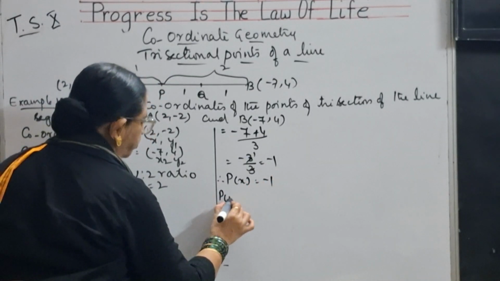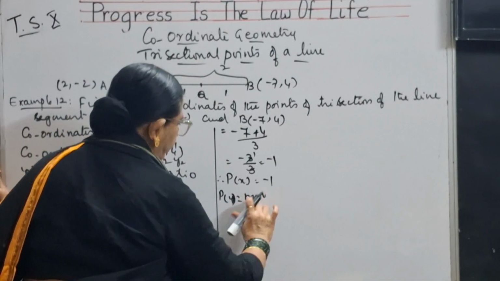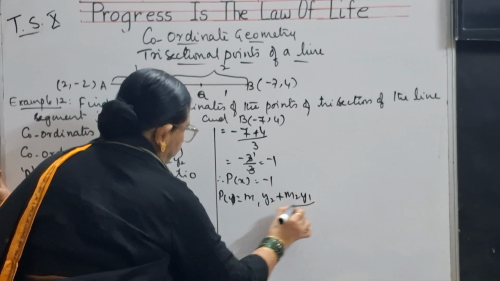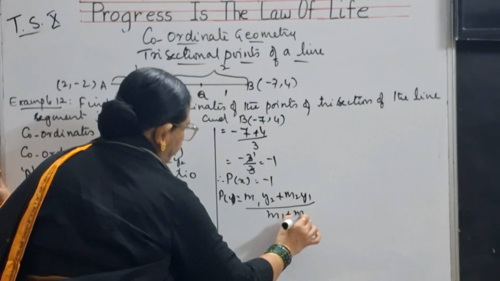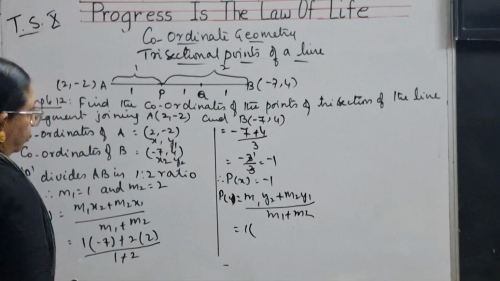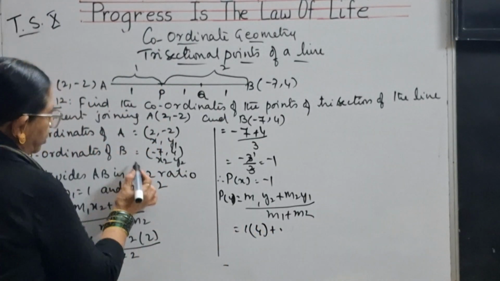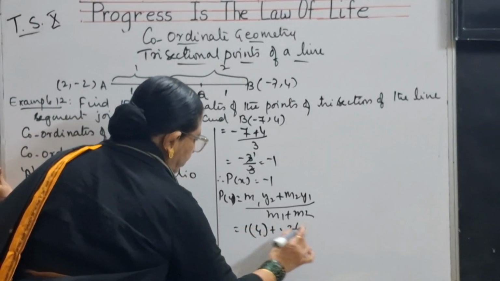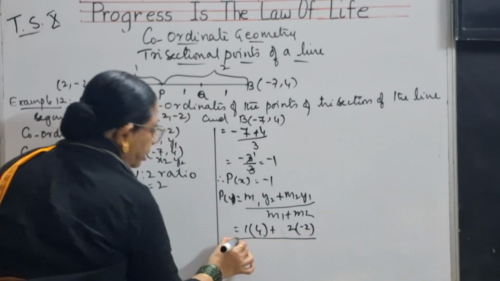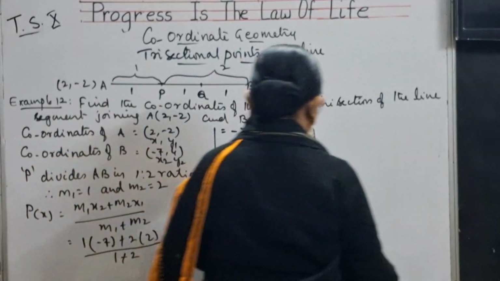Now you have to go for P of y. The P of y formula is m1 y2 plus m2 y1 by m1 plus m2. So m1, that is 1 into y2. What is y2? 4, plus m2. We have m2 is 2 into y1. What is y1? -2, by 1 plus 2. So how much are you getting here?